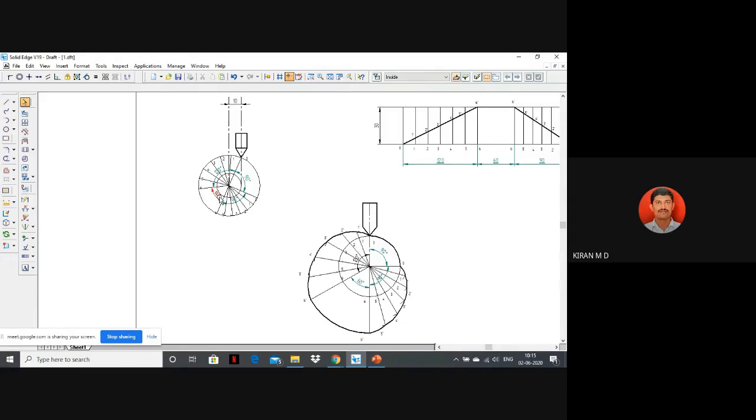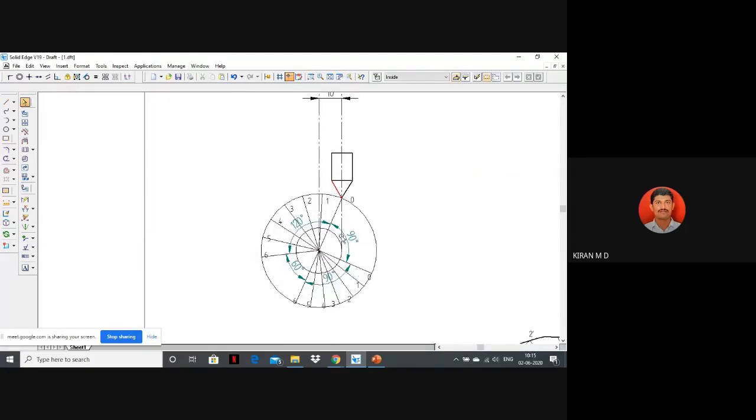But here it is a bit different. Actually, whatever we have, the intersection point. So the line should be, see here, the 0 line is tangent to this circle. Similarly, 1 line also tangent to this circle. So for that, you draw the line tangent to this circle.